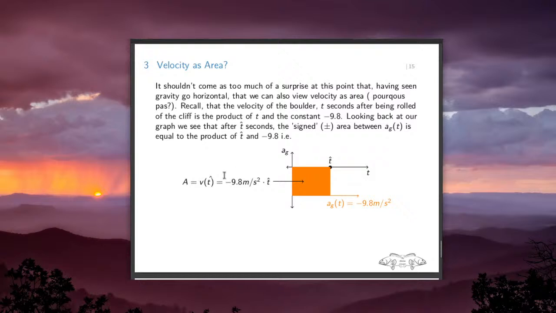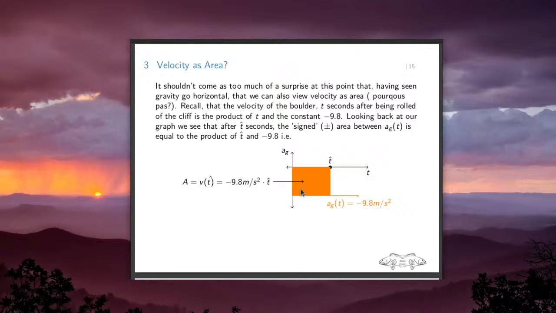And so from our algebraic formula, we know that it's just the acceleration times the time we were going at that acceleration. But what we can see from this picture is that that's exactly the same as the signed area, which just means positive or negative, between our gravity function, that constant horizontal line, and the horizontal axis.